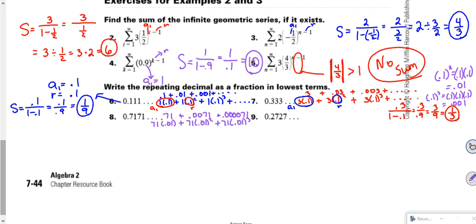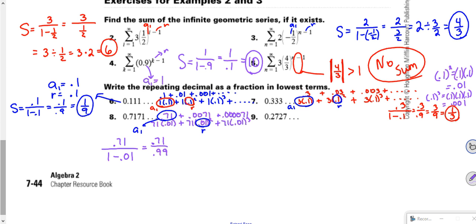So again, this is my A1, this is my R. So number 8, I'm going to have 0.71 over 1 minus 0.01, A1 over 1 minus R. So that is 0.71 over 0.99.